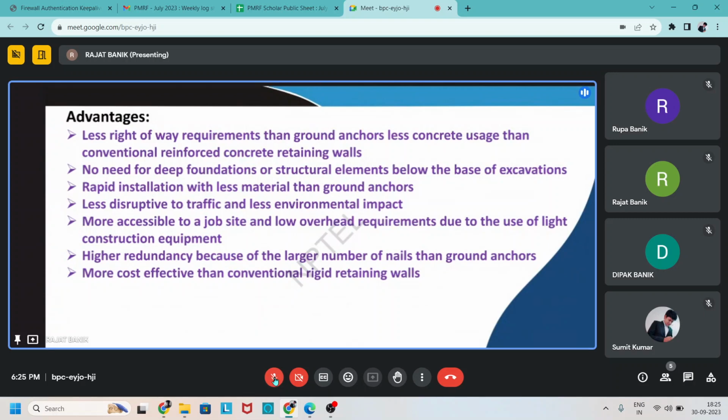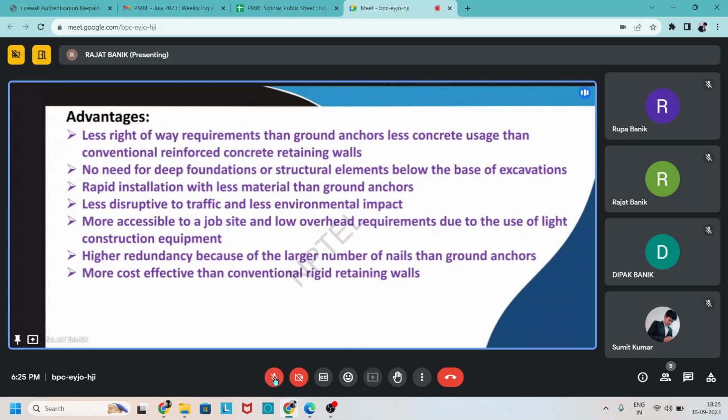So it is advantageous over ground anchors because of less right of way requirement, and over the reinforced concrete retaining wall because it requires less concrete.